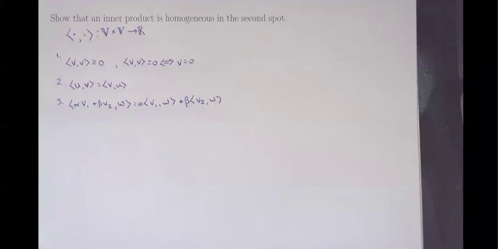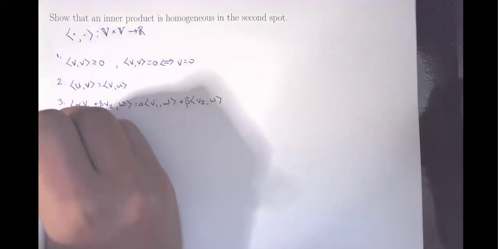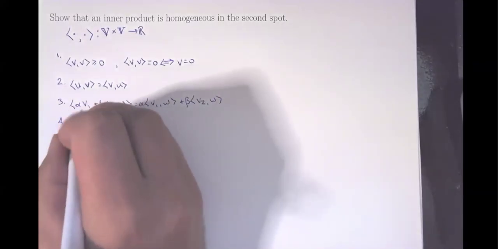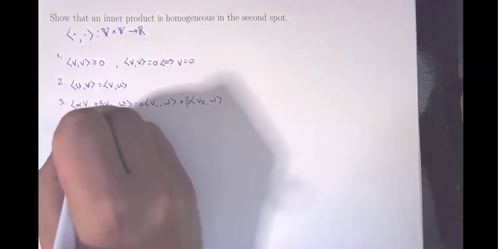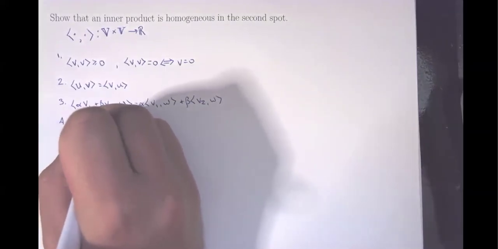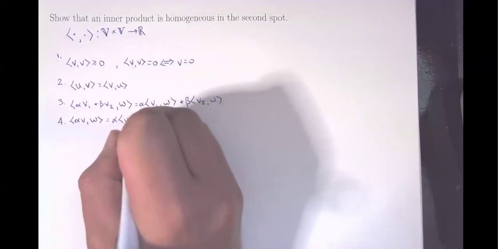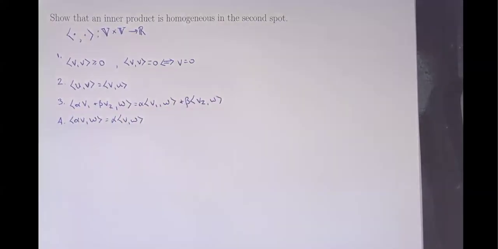And finally, homogeneity, which is a direct consequence here, that the inner product of alpha V and W is alpha times the inner product of V and W. Now, depending on what convention you're using, you might have 4 as a consequence of 3.